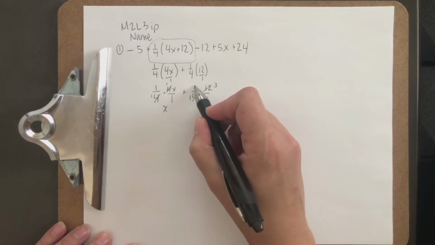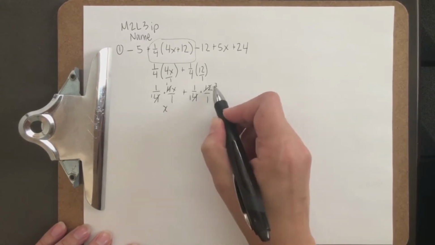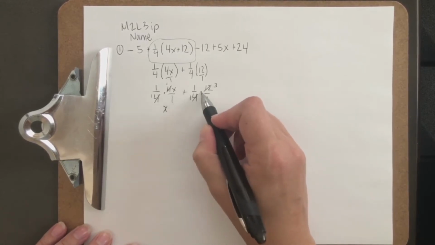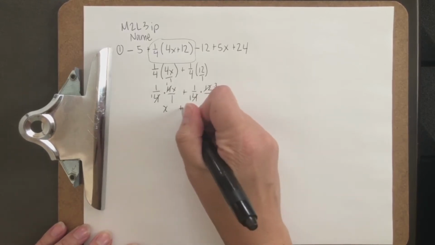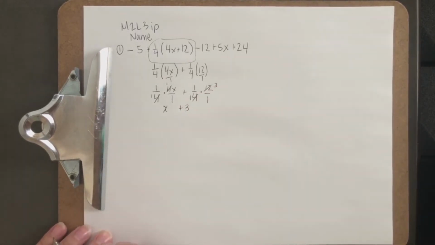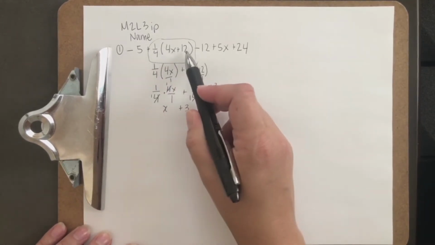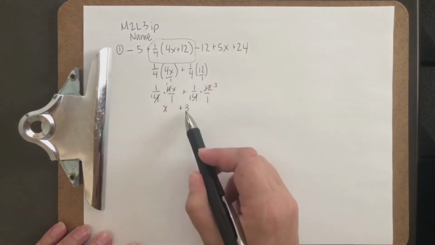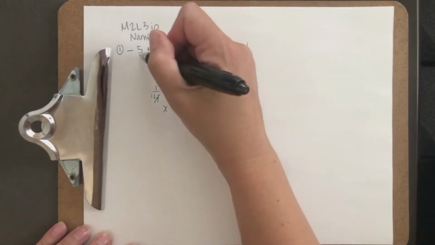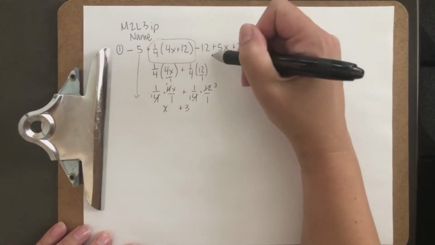So now this is 1 over 1 times 3 over 1, or 1 times 3. So this is just 3. And that makes sense because multiplying by 1/4 is the same as dividing by 4, and 12 divided by 4 is 3. All right, let's bring everything else down.